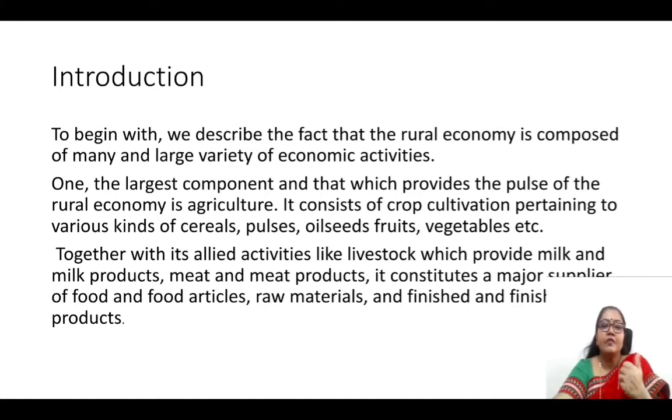It consists of crop cultivation pertaining to various kinds of cereals, pulses, oilseeds, fruits, vegetables, etc. Together with its allied activities like livestock, which provides milk and milk products, meat and meat products, it constitutes a major supplier of food and food articles, raw materials and finished and semi-finished products.